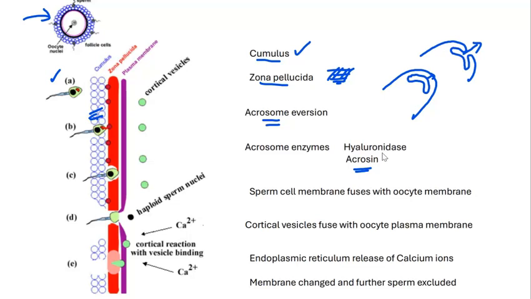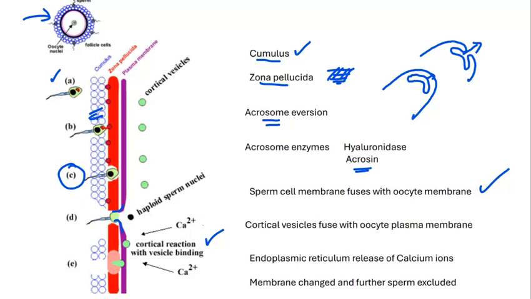Now, having achieved that, we see at point C here, the sperm cell membrane will then fuse with the oocyte membrane, and this then triggers what is known as the cortical reaction, which is seen here, with a release of calcium ions from the endoplasmic reticulum of the oocyte.